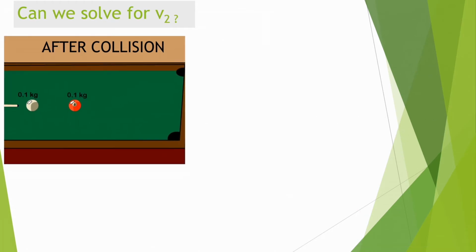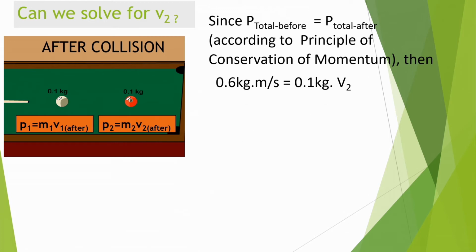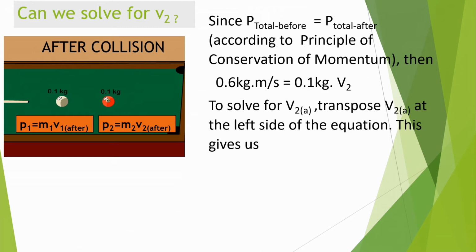Since the momentum before collision is equal to the momentum after collision, which is according to the principle of conservation of momentum, then 0.6 kilogram meter per second is equal to 0.1 kilogram multiplied by the v sub 2 after collision.